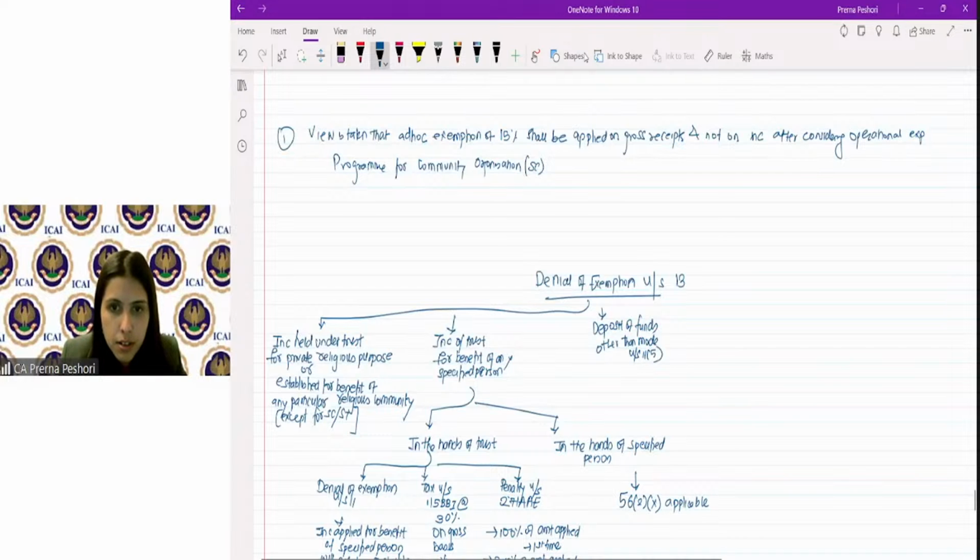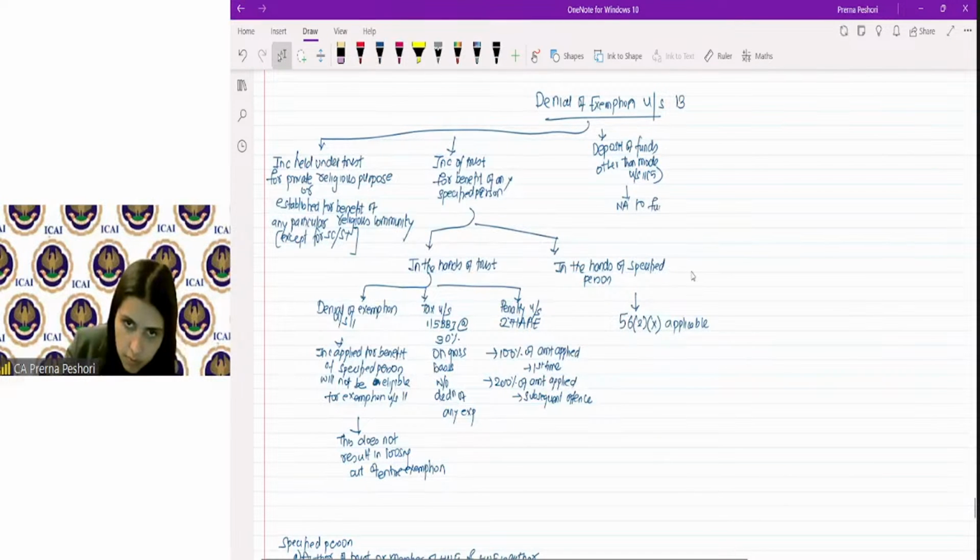So just write down over here. Income from property held under the trust, if incidental to the business income, to the extent of such deposits will not be eligible for exemption. So just write down: this is not applicable to funds representing profits and gains of business. Okay.